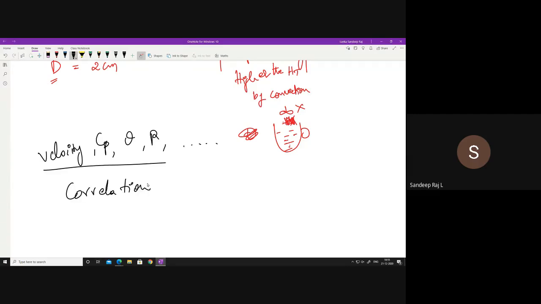These correlations are obtained experimentally.